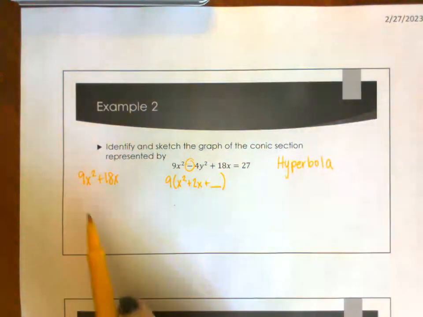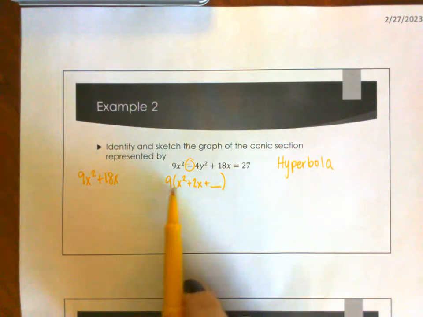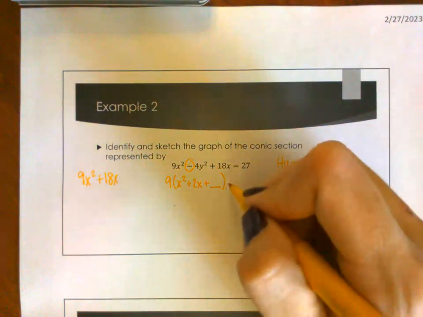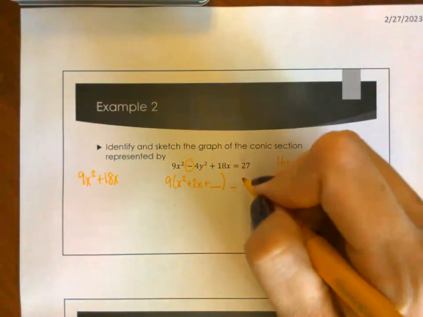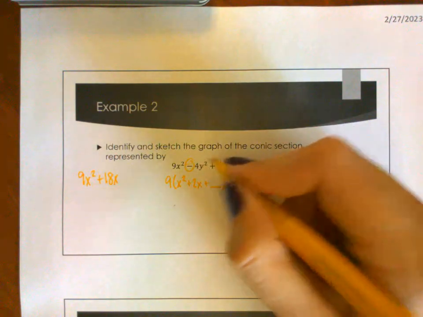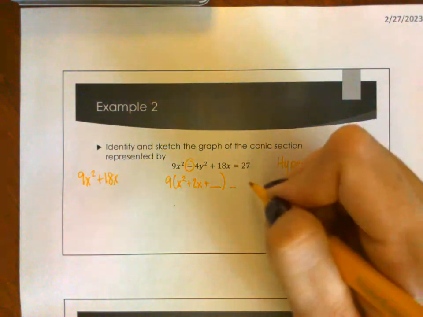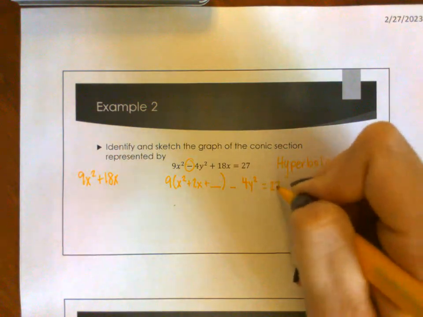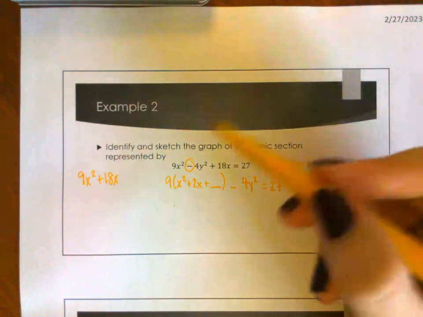But then I knew that I wanted to factor out that 9 because I want to have an a value of 1. So I apologize for skipping ahead there. Minus, and then with the y squared, there's no other y's, so I can just write minus 4y squared equals 27. So I'm going to now fill in the blank.